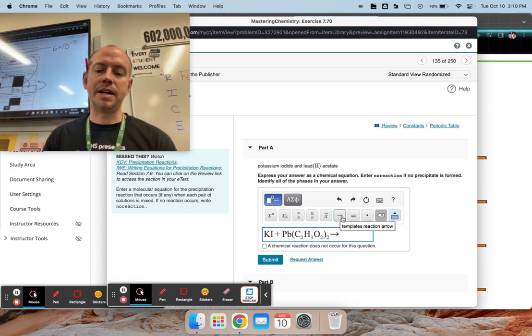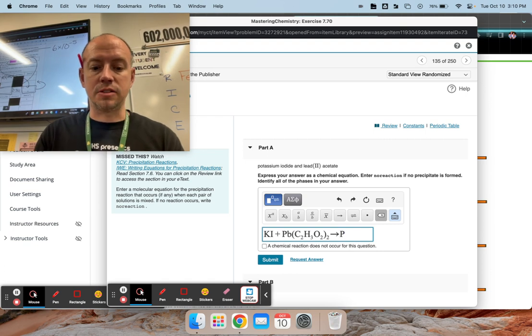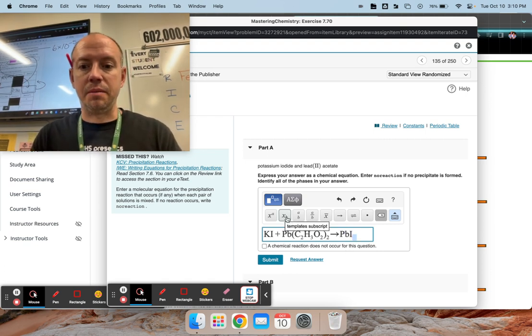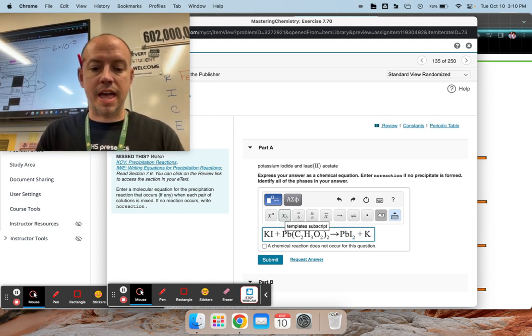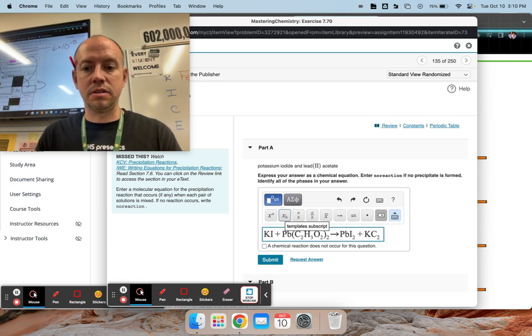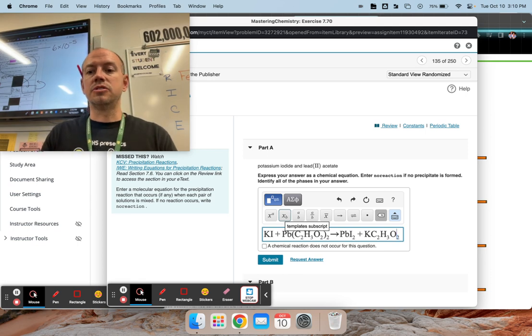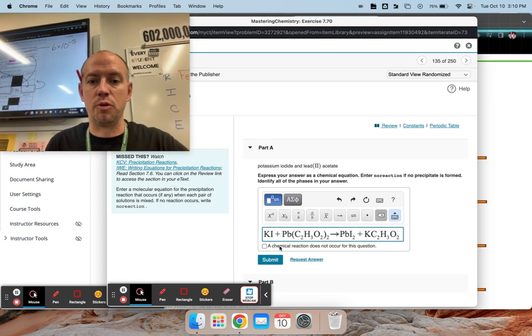All right, so those are my two reactants. I swap my partners. I get PbI2 plus KC2H3O2. So I have written all of my formulas here.